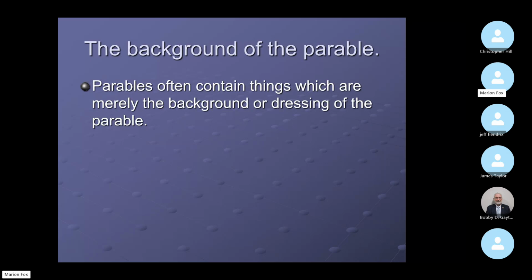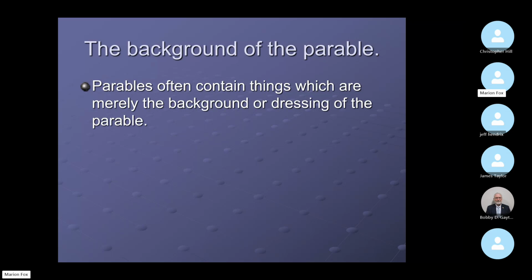Parables often contain things that are merely the background or dressing of the parable. And to delve off into the background and make a whole lesson on, say, the beast of burden that the Good Samaritan put the injured man on is missing the point.